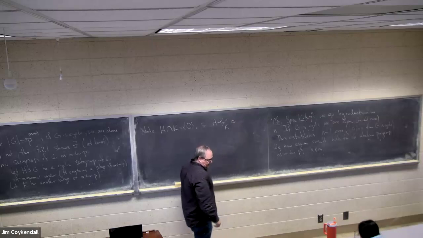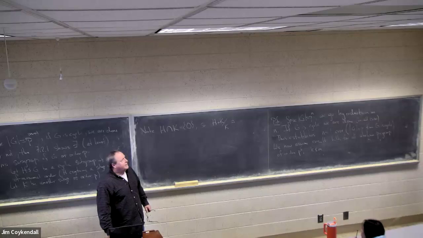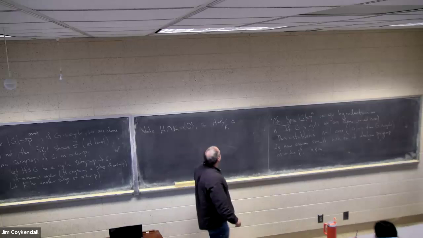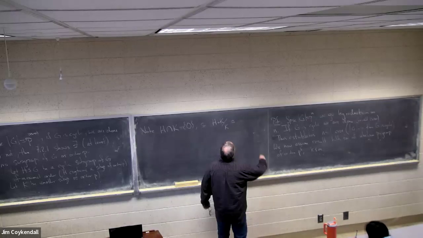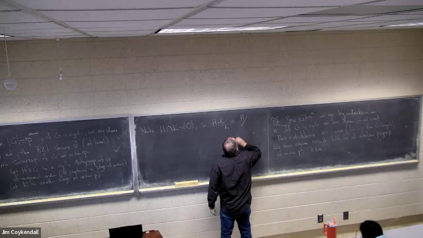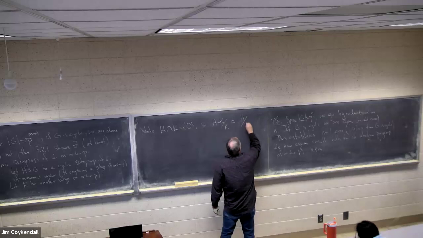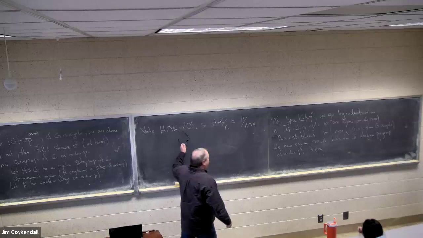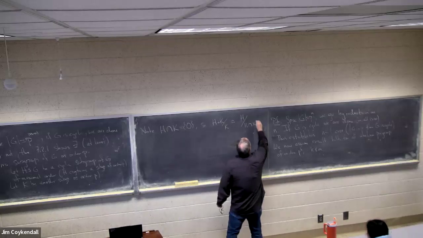By the way, anybody remember what this is isomorphic to, by one of those isomorphism theorems, the second, I think? This is HK modulo H, isomorphic to K modulo the intersection. But the intersection here is zero, right? There's no intersection.